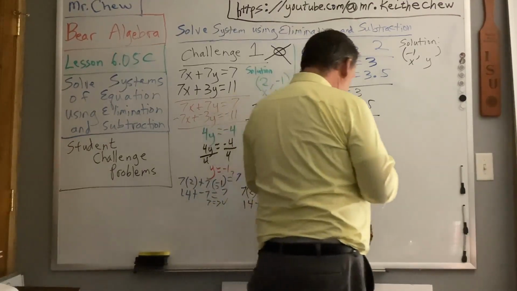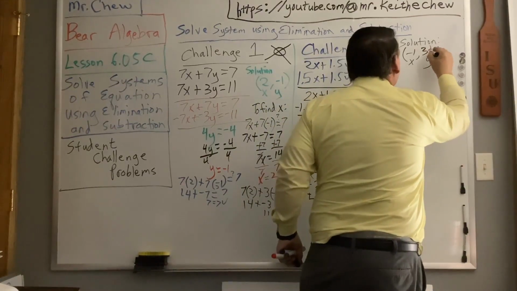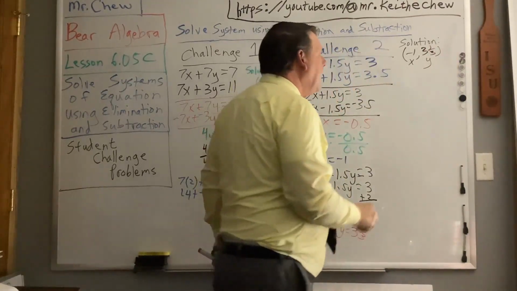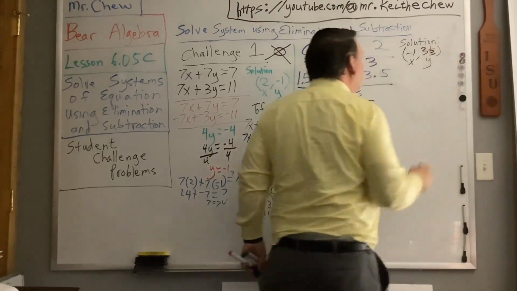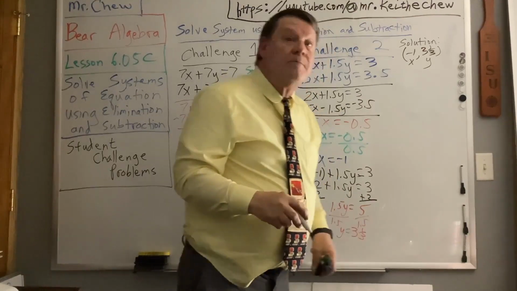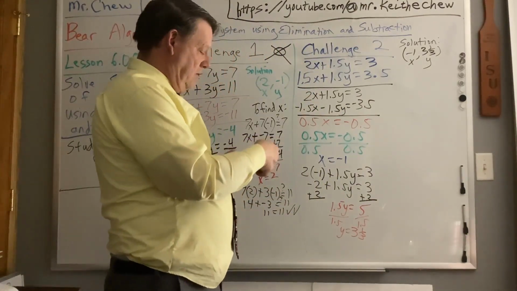So we're saying that this ends up being 3 1/3. Any time that you have a mixed number or a fraction, the checking part is going to be harder than the actual equation.